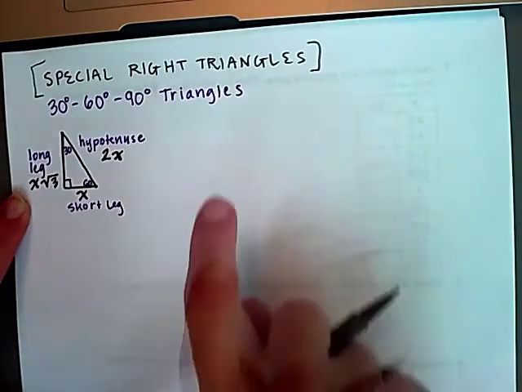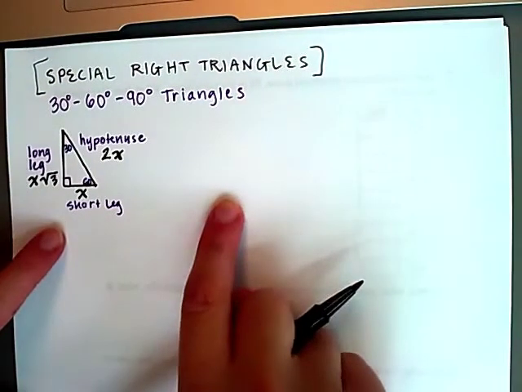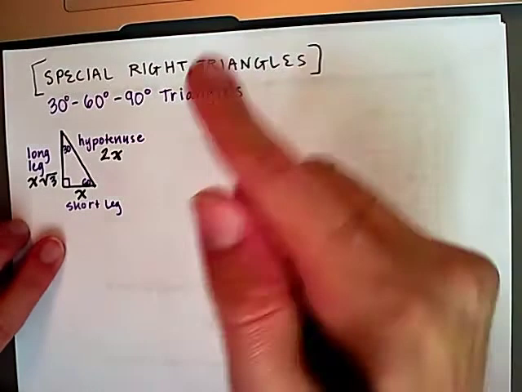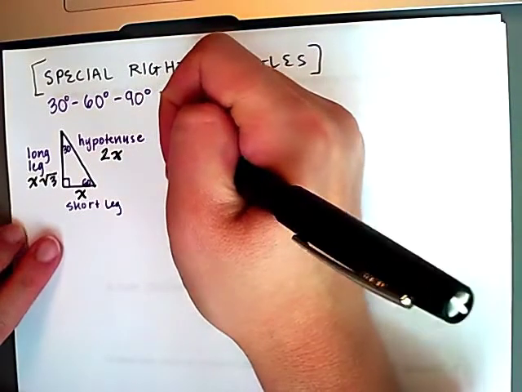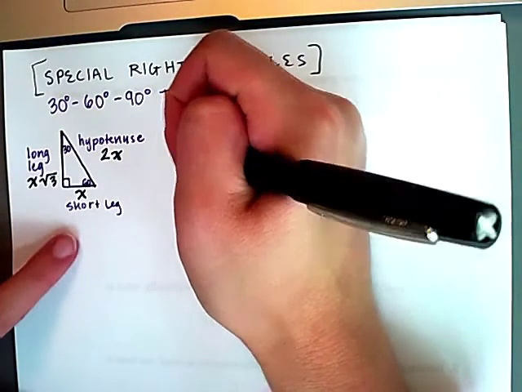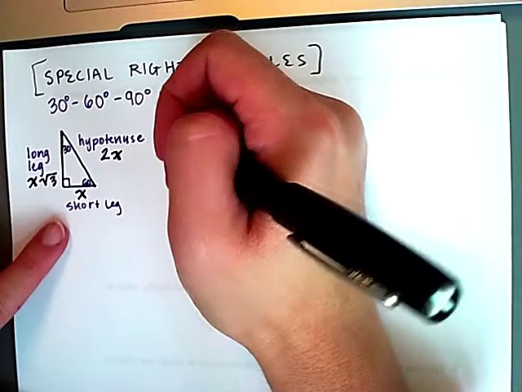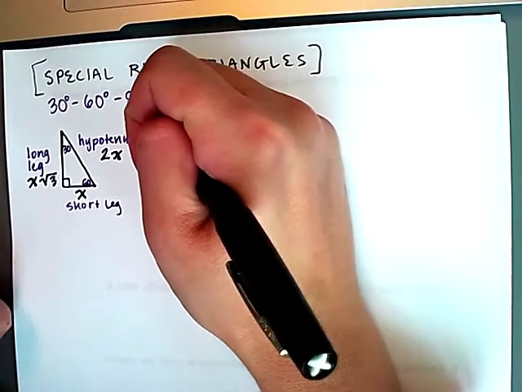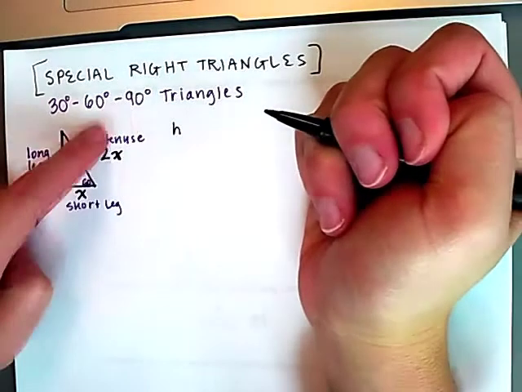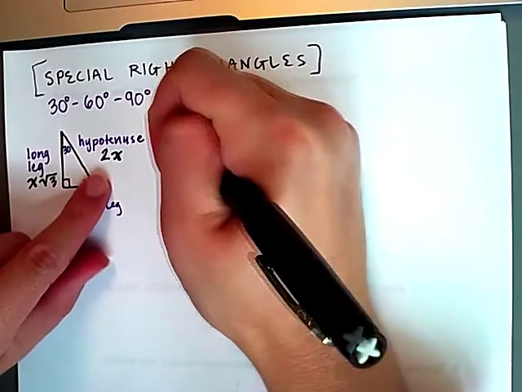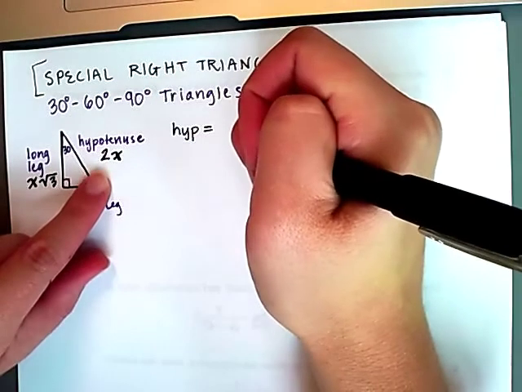I'm going to write out to the right what this looks like in words, if words help you. Depending on what you're given, you can use a slightly different formula to get to your unknowns. The first one: the hypotenuse will equal 2 times the short leg.